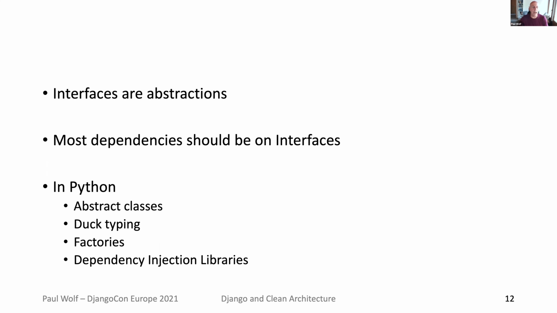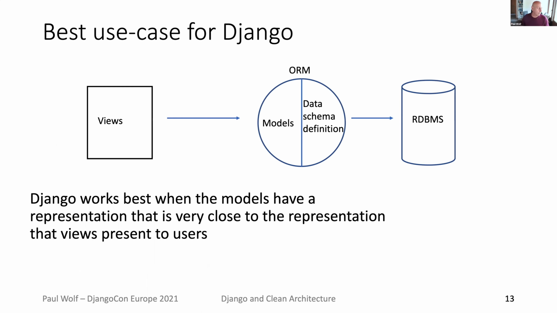But that is one way of implementing abstractions, which is to agree on conventions for interfaces, where you say that objects should, by convention, implement a certain set of methods, get, put, for instance, and this abstraction will work just by using duck typing. The other way is factories, which I'm going to talk quite a lot about, and dependency injection libraries, which I'll also refer to. So we're going to need some other substitute for the missing interface construct in Python.